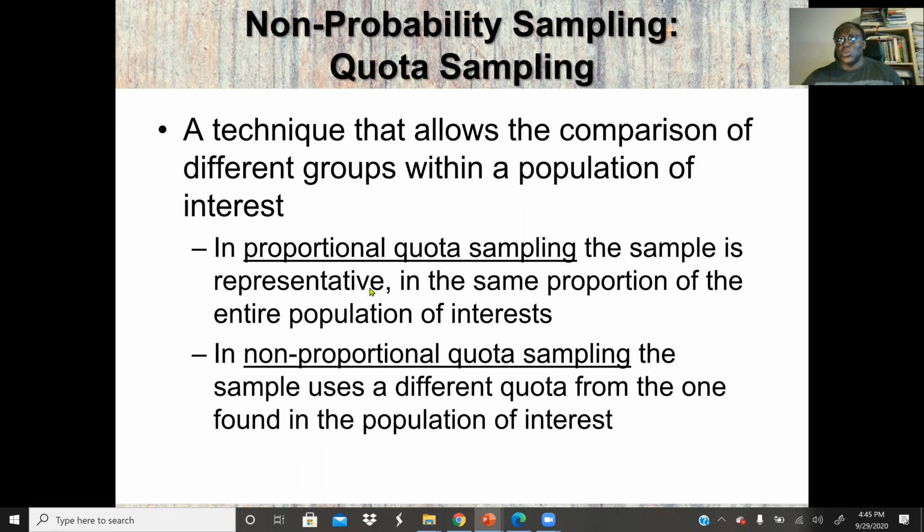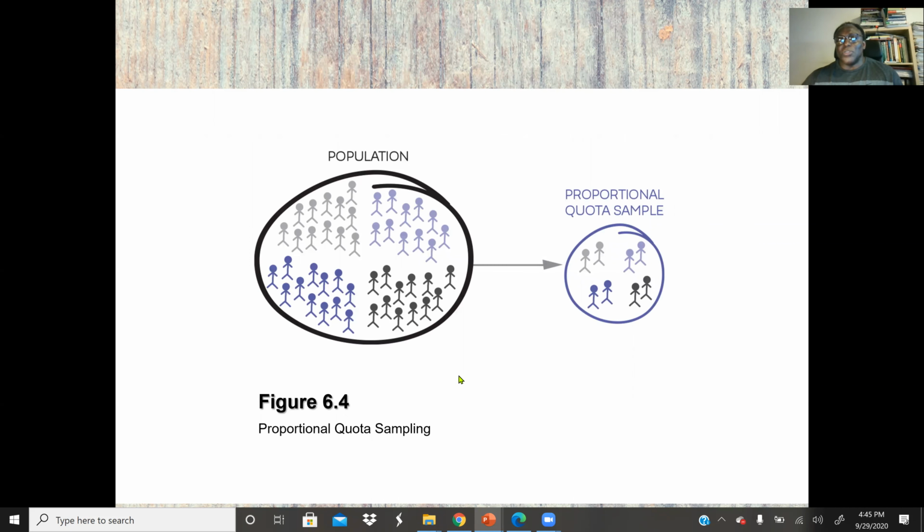So the sample is representative in the same proportion of the entire population of interest. Also in non-proportional quota sampling, the sample uses a different quota from one found in the population of interest. So this is an example of proportional quota sampling. We have the population divided into 4 different sections, and we decided to select two from each group.